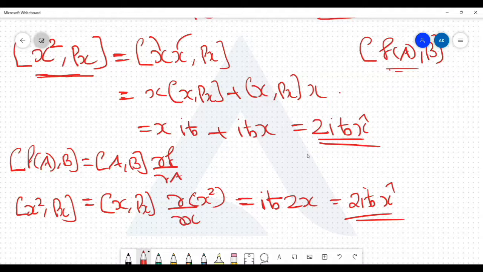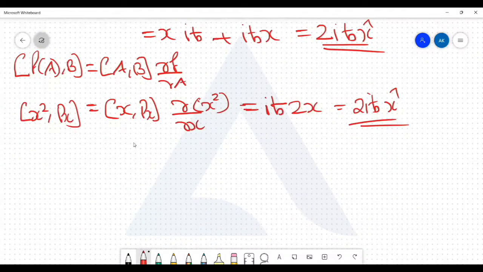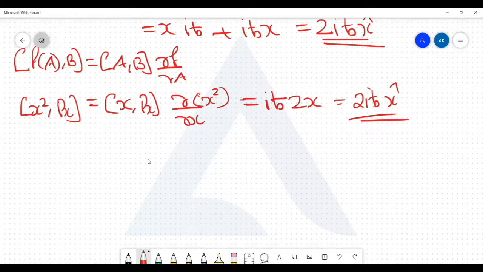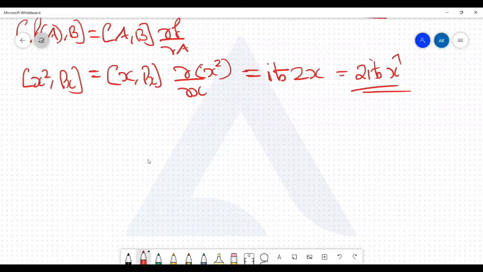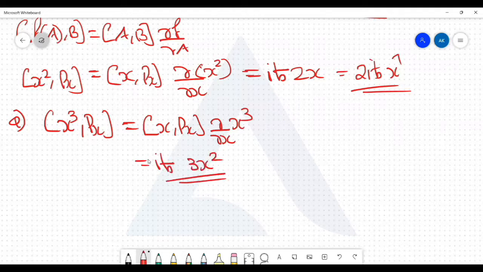So applying that identity, we can solve it in a simple step if you are strong enough in mathematics. Okay. What about this? Let [x cube, px]. This is nothing but [x, px] into ∂/∂x of x cube, right? So this is nothing but iħ into 3x square. This is the answer.